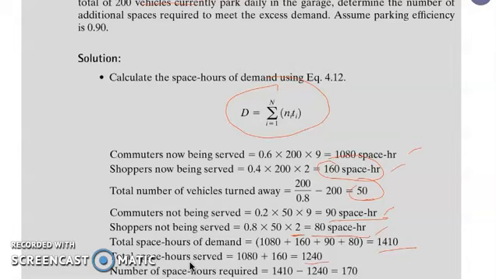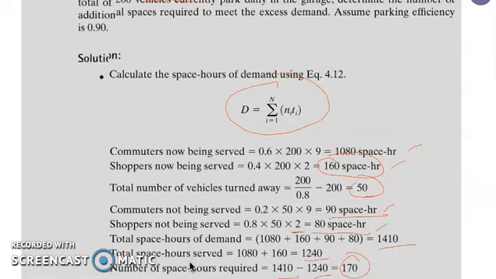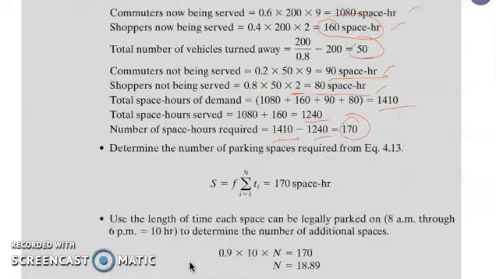So the number of space hours required will be the demand minus the space hours served. So 1,410 minus 1,240 gives us 170. And definitely, we can now have the number of parking spaces.